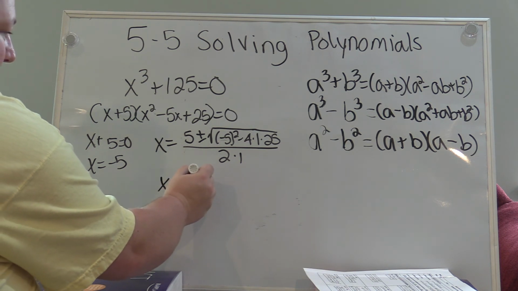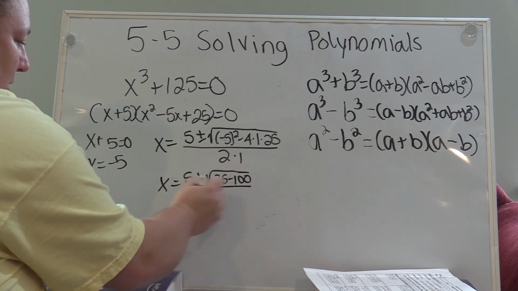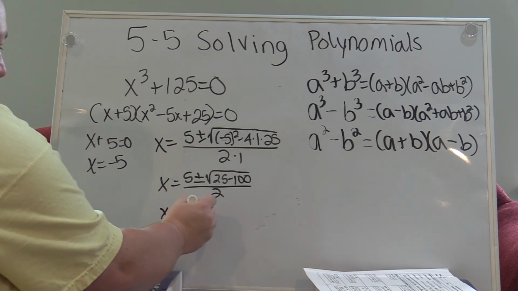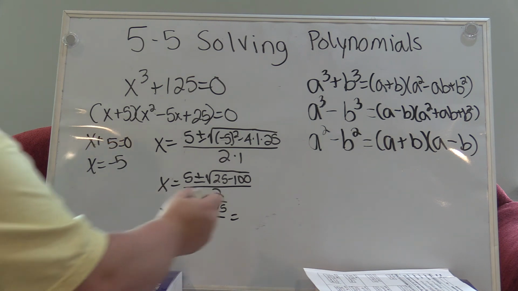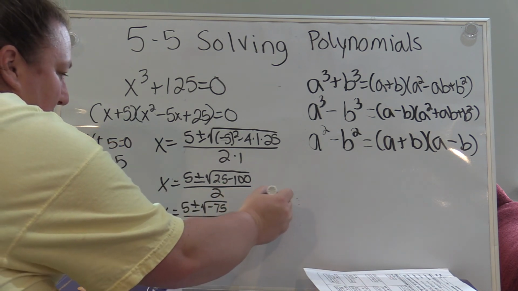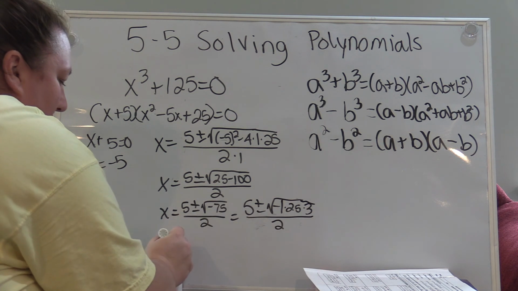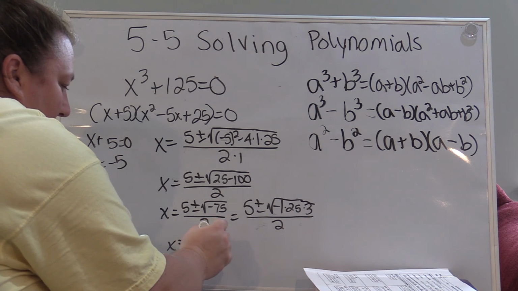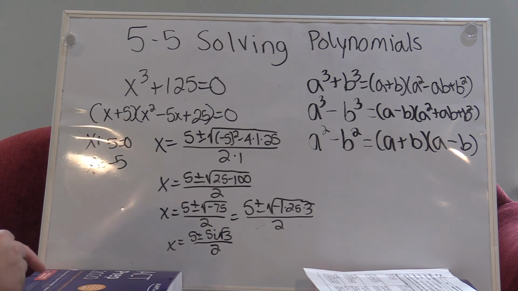X equals 5 plus or minus the square root of 25 minus 100 over 2, which becomes x equals 5 plus or minus the square root of -75 over 2, which becomes 5 plus or minus the square root of -1 times 25 times 3, all over 2, or x equals 5 plus or minus 5i square root of 3 over 2. 1, 2, 3 are my answers. Questions on that?